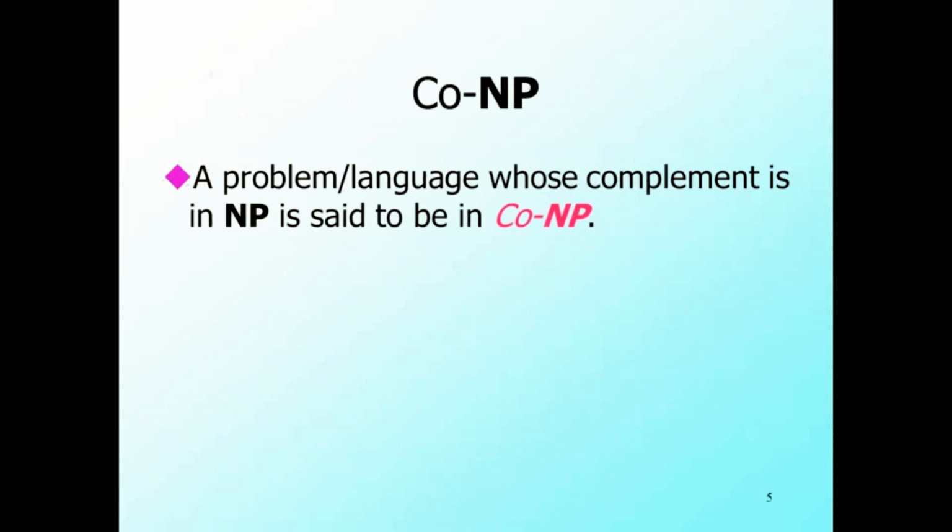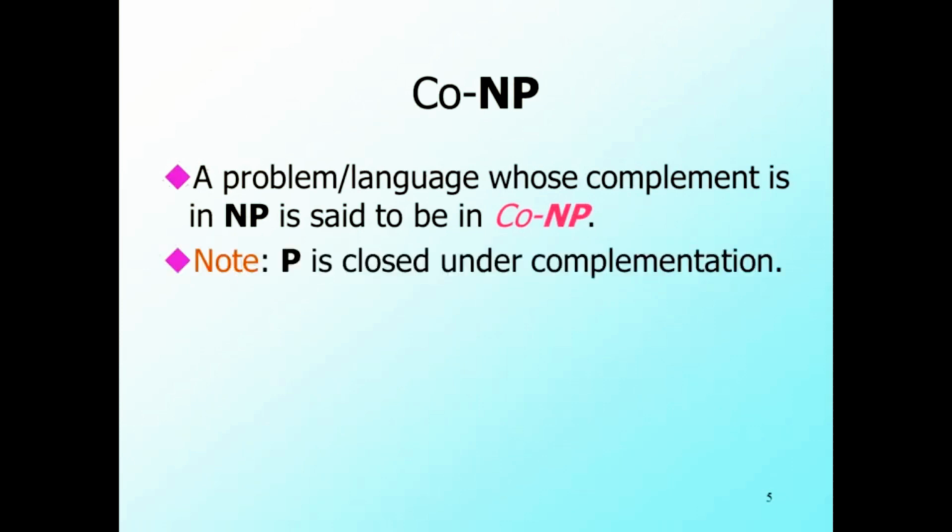The class of languages called co-NP is those languages whose complement is in NP. For example, we just argued that the tautology problem is in co-NP because the non-tautologies are in NP. Okay, now P is closed under complementation. We didn't prove this exactly, but it is easy to show because if I have a deterministic Turing machine that halts within p(n) steps for some polynomial p(n), we can modify it to accept the complement language.